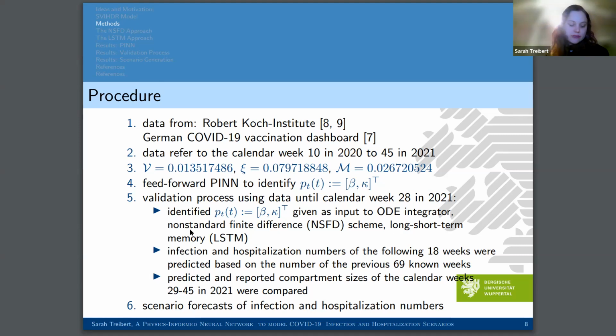And for the prediction, we used the standard ODE integrator, the non-standard finite difference scheme, and the long short-term memory, which I will also briefly explain next.